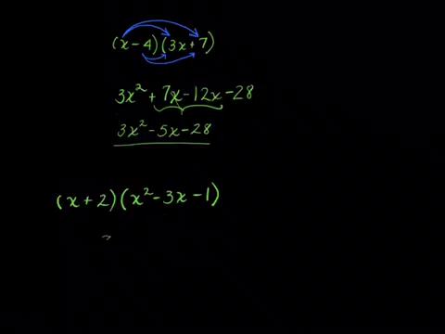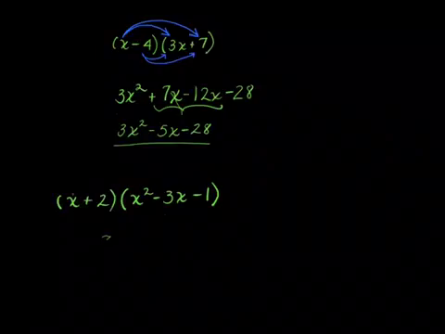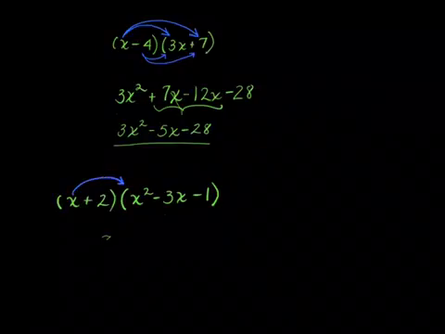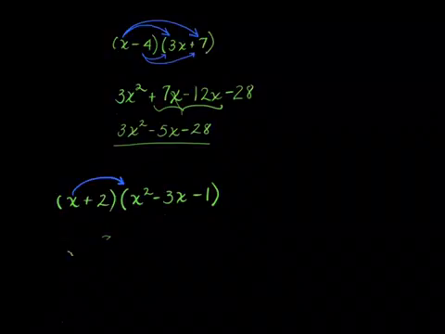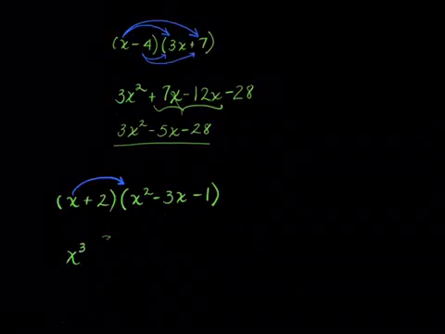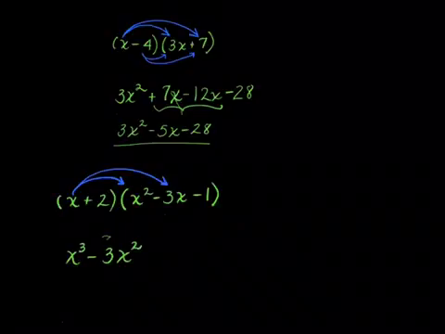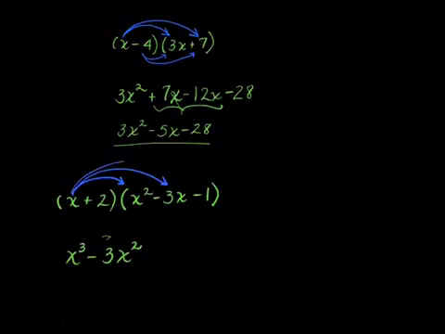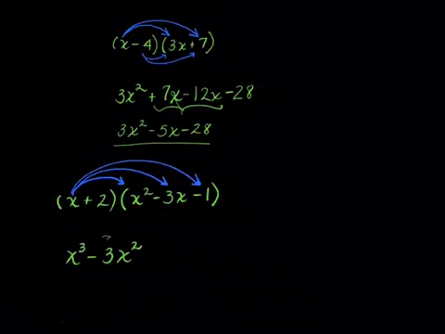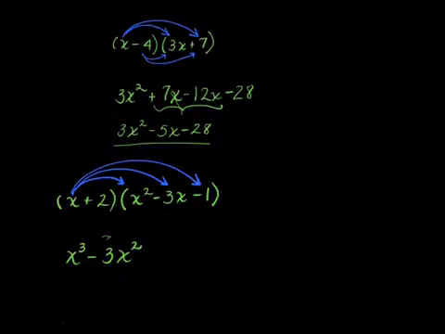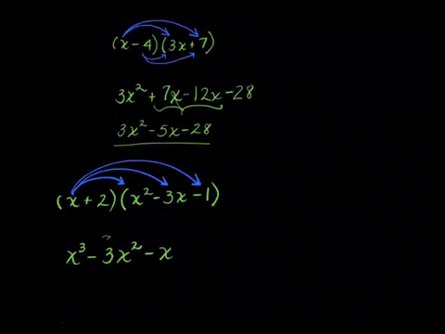So it just means distributing again, x times x squared, that gives us x to the third power, and then we multiply x times negative 3x, which gives us negative 3x squared, and finally x times negative 1, which gives us negative x.